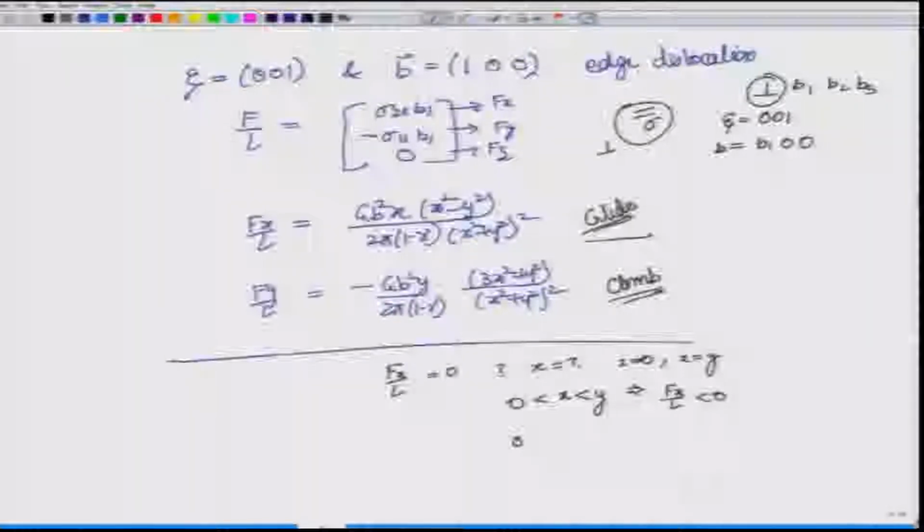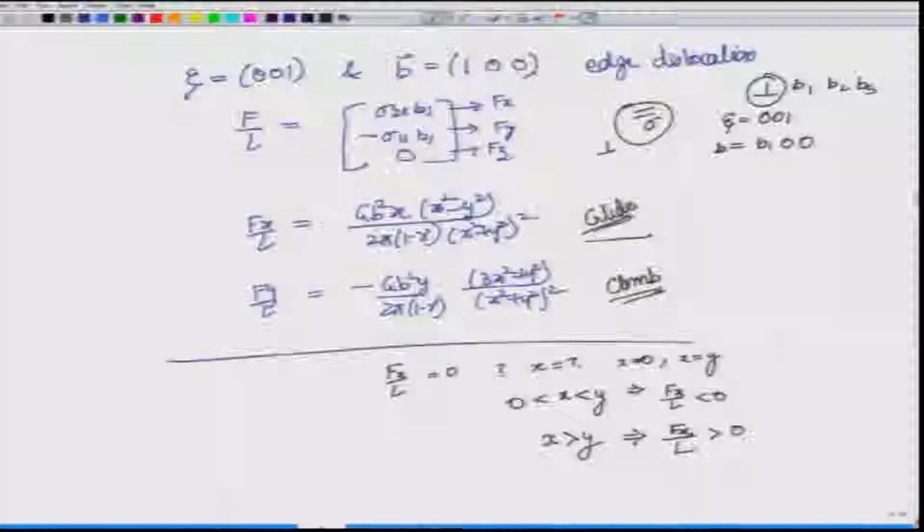Similarly, when x becomes greater than y, then you would see that Fx by L is greater than 0. So, these are some of the things that we can directly derive from this relation.